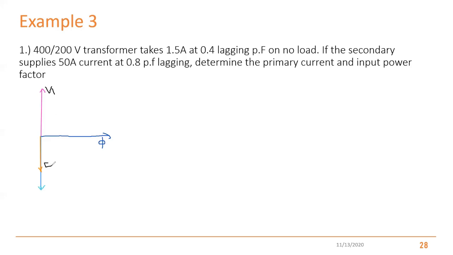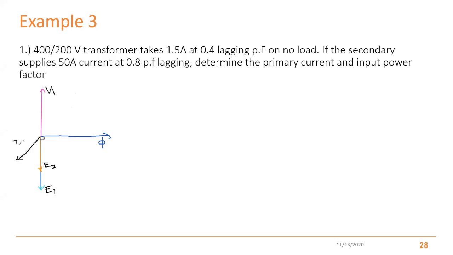The orange one is E2, the blue one is E1. This is also 90 degrees. For inductive load, the current is lagging.